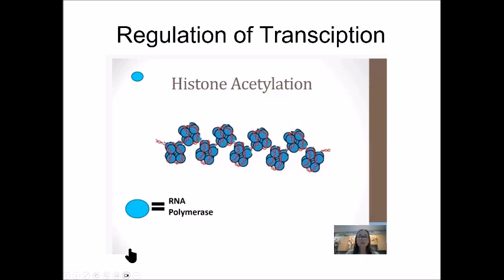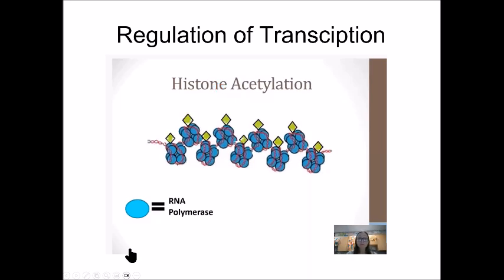This little blue circle represents RNA polymerase, and it is going to be blocked from transcribing. If this is heterochromatin and it's so tightly condensed, then RNA polymerase cannot transcribe. So what can happen is they can add what we call acetyl groups to the histone.